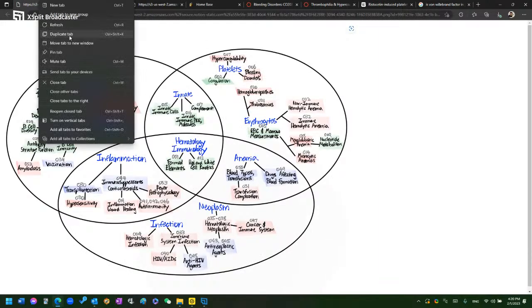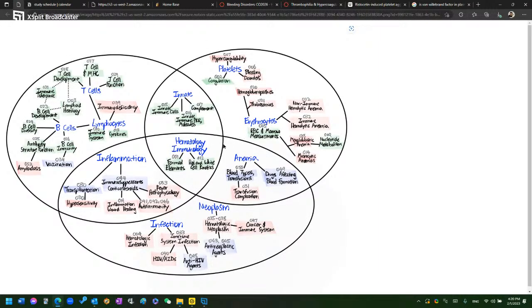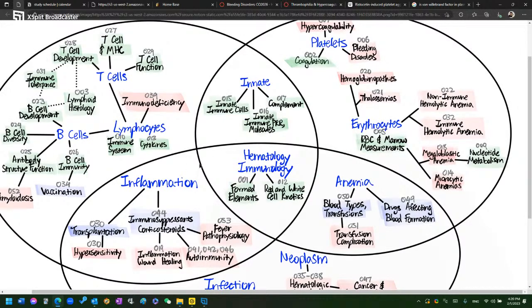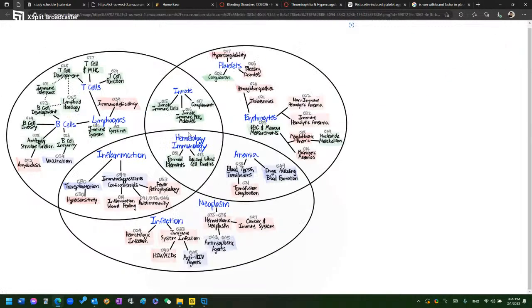Yeah, pin tab. So our big map, once again. We just finished looking at our basic ones and our platelets. We have a long ways to go, but next we're going to go look at red blood cells. So I'll be right back.